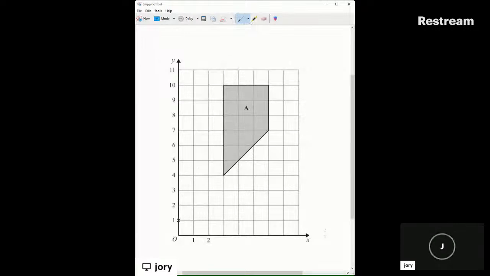Okay, it says by a scale factor of 1/3, so shrink it by 1/3. You want 1/3 of this by this center, 0, 1.